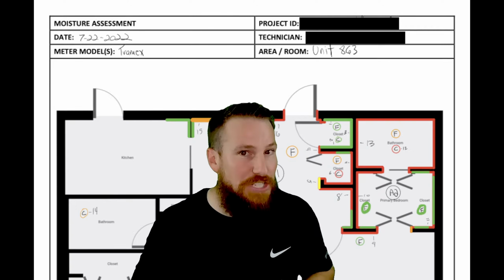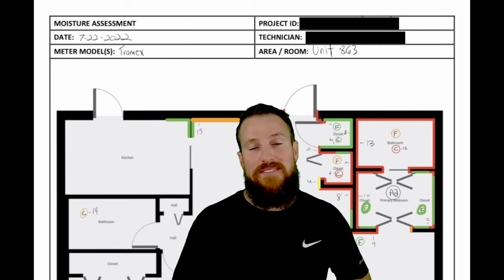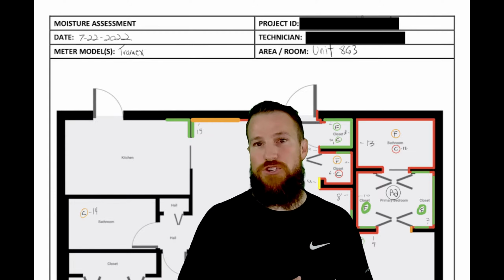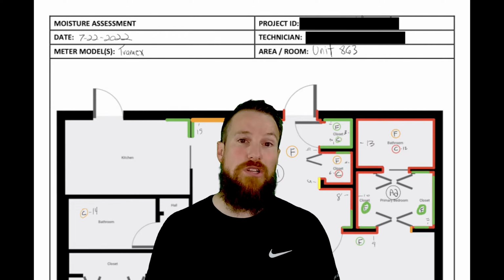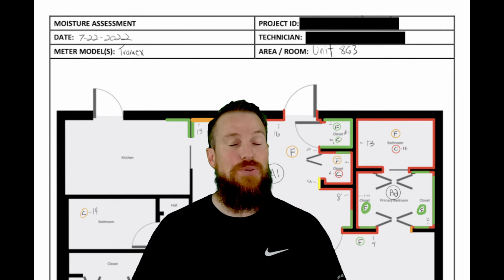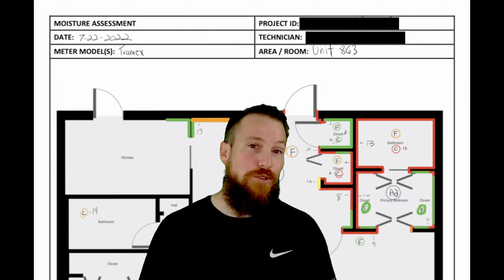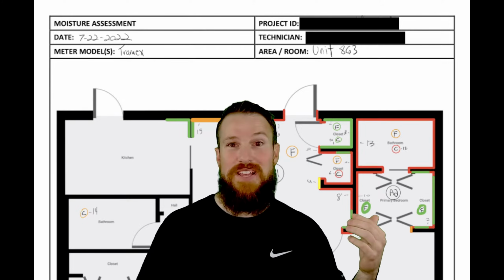If I got too far ahead, let's jump back and ask, why do we need a moisture map? We know what a moisture map is, and we know this is exactly what one version of a moisture map would look like. In my case, I like to do things visually. I've got great influences around me, individuals that own assessment companies, individuals that own remediation companies, and everything in between.